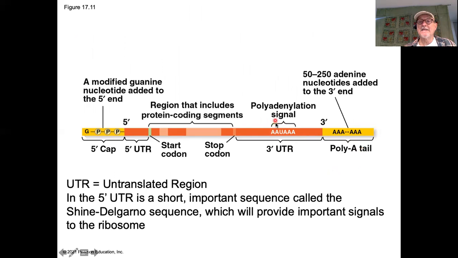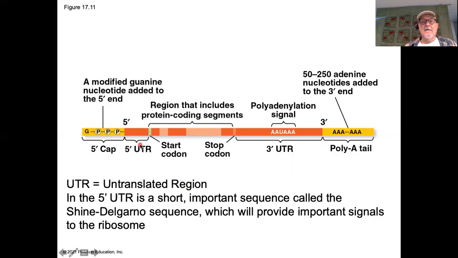It would have read TTATTT on the template strand. That's the polyadenylation signal, which told the RNA polymerase to get ready to fall off and stop transcription. Have a look at this end, and you see there is a cap. The 5' cap here is guanosine triphosphate that has been added.